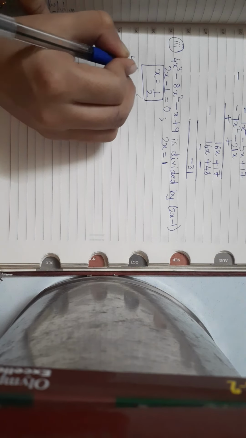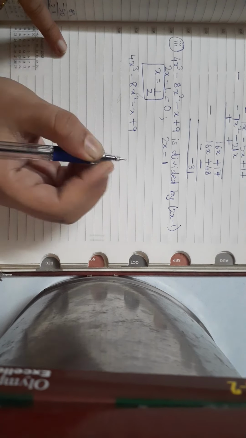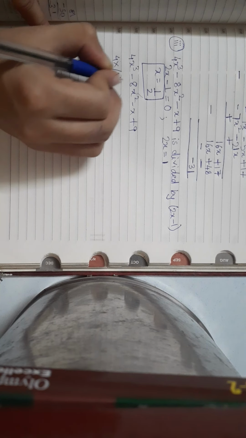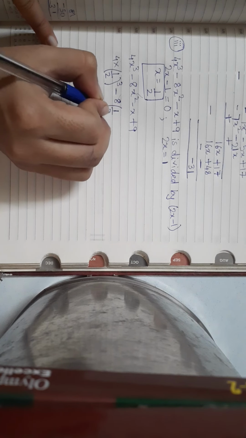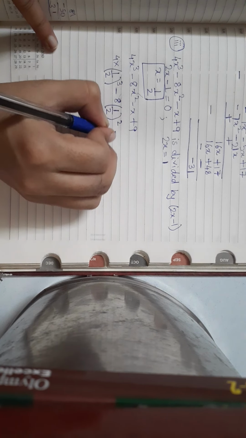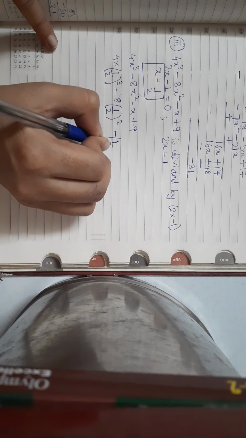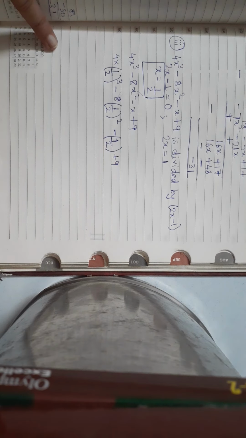So what is our equation? 4x cube minus 8x square minus x plus 9. So now 4 into half cube minus 8 half square minus half. In place of x we will put half plus 9.